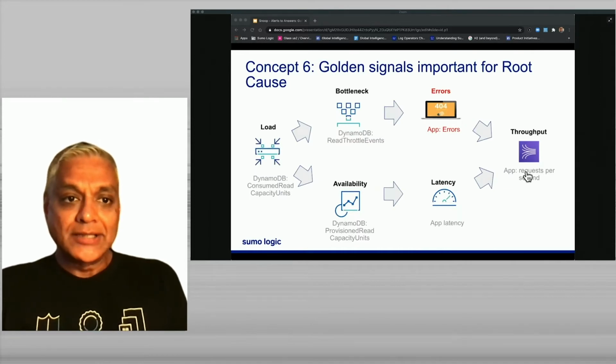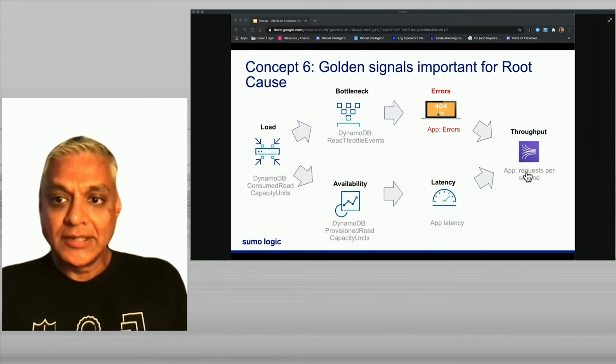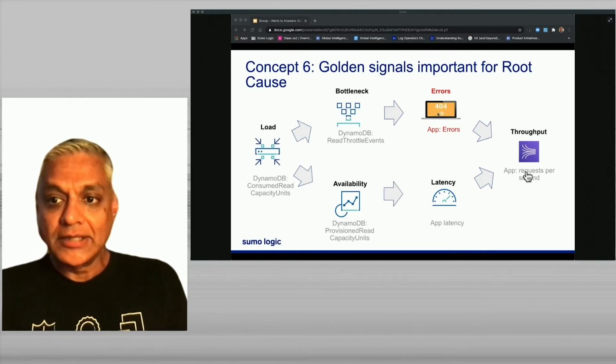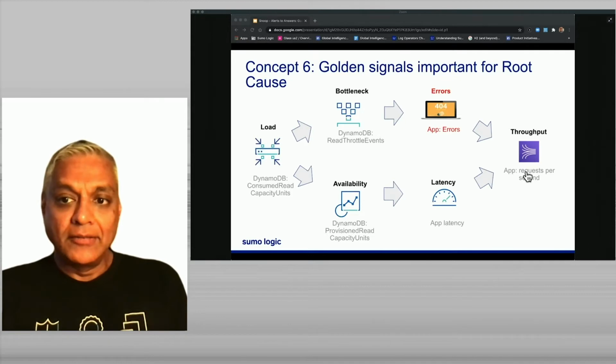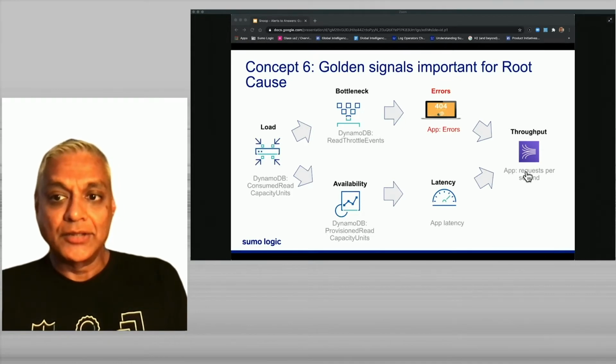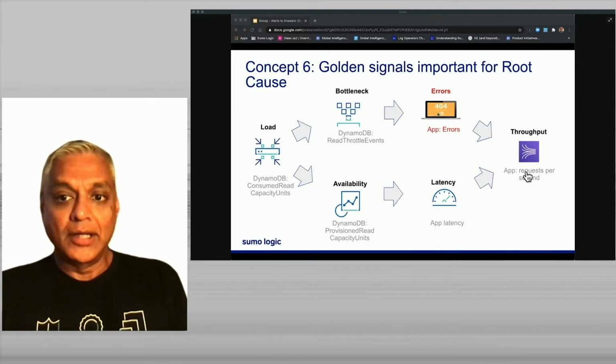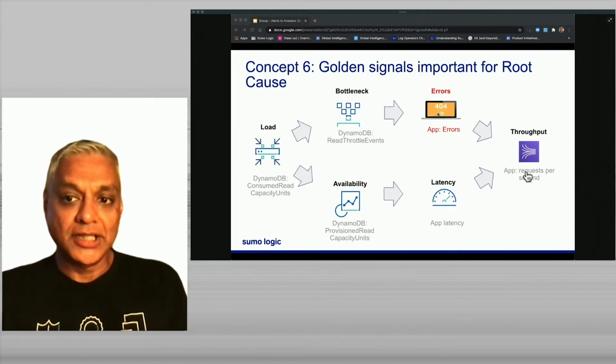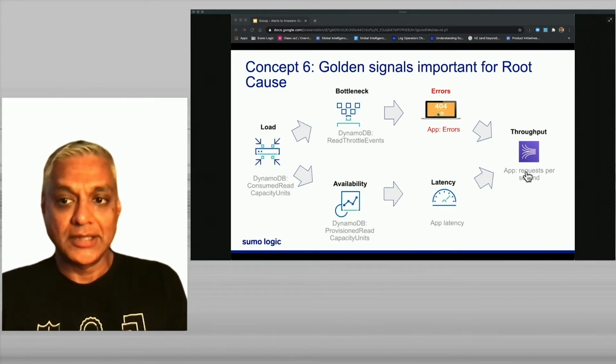Lastly, golden signals are important for root cause analysis. These golden signals are things like load, bottleneck, availability, latency, errors, and throughput events. These are important because they help you understand the flow of causation in root cause analysis.